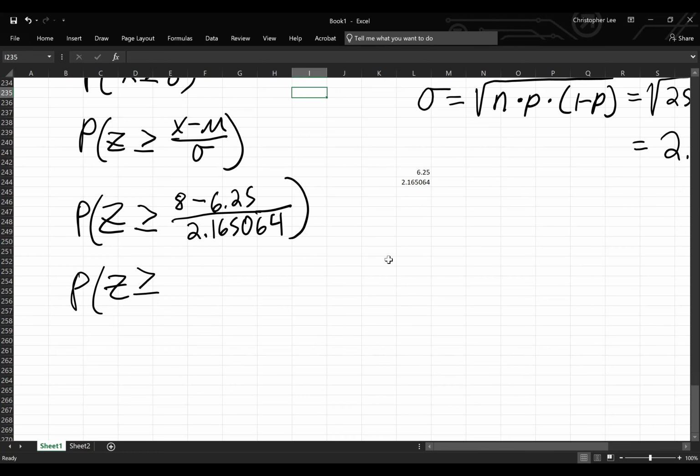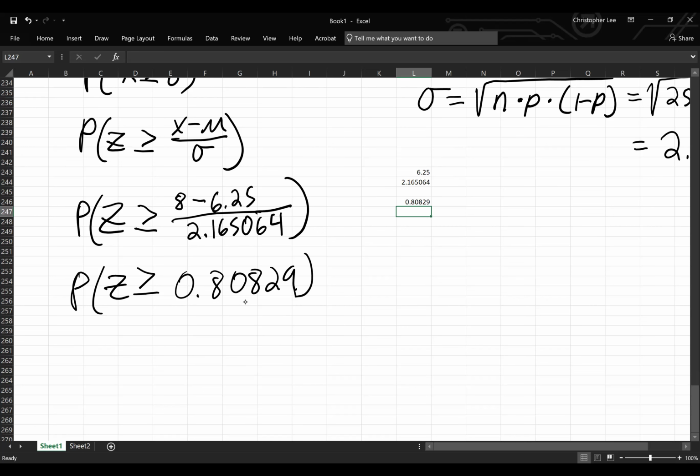Just throw that in the calculator. Keep it simple. This is 8 minus 6.25 divided by whatever the standard deviation is, 2.16. And you get 0.80829.